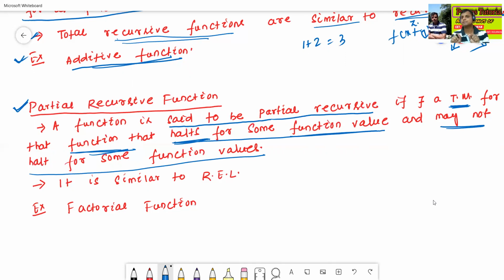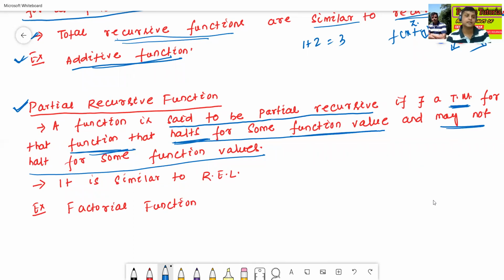But total recursive function means it holds for all input values, while a partial recursive function holds for some input values and may not hold for others.